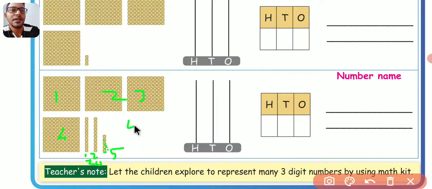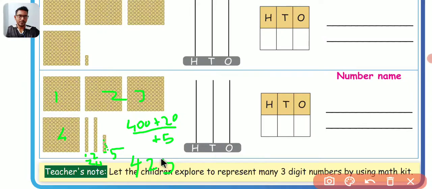So 400 plus 20 plus 5. That is 400 plus 20, 420, plus 5, 425.